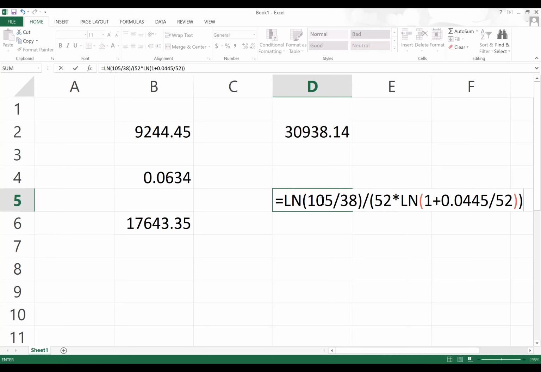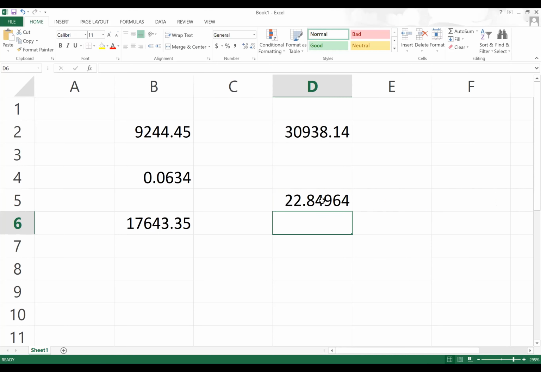Okay, now once you input it properly, we'll be able to get a result right away. Just hit enter, get a result. Okay, so it's about 22.8, right? You can just round it to 1 decimal, that's okay. So 22.8 years.